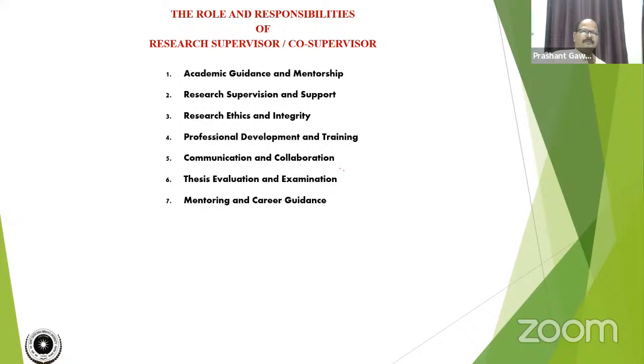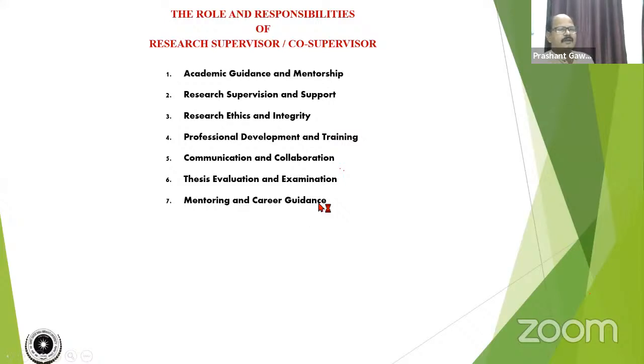Because earlier, by the issuance of a public notice, ethics in research and research articles were incorporated under the coursework. That's why integrity under research ethics should be there.